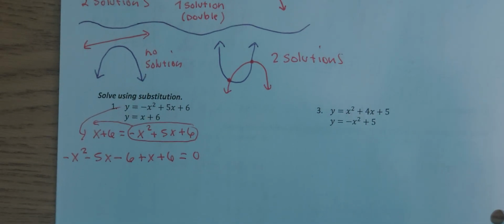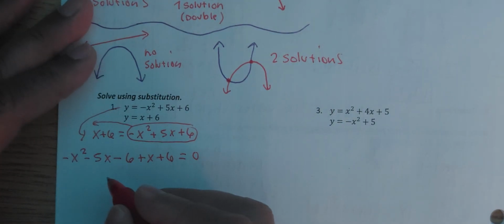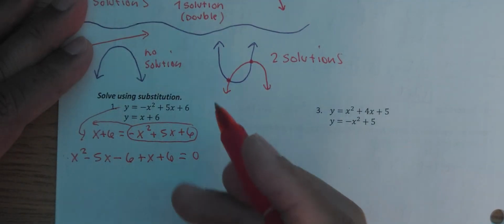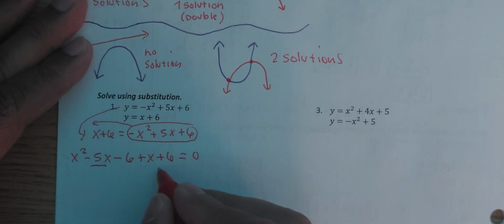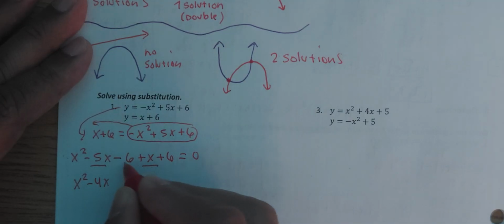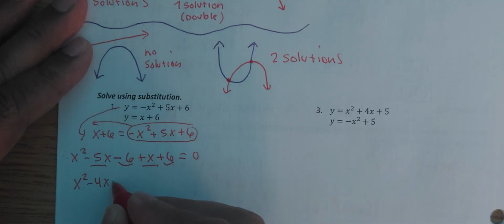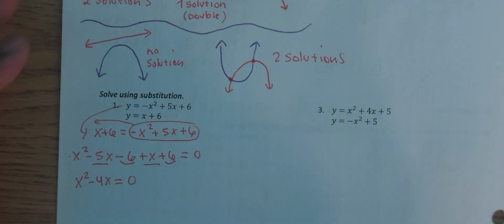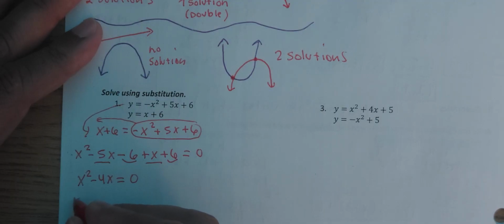Then we combine like terms. And this x should have been negative because I jumped it. It was negative, now it becomes positive. So then I have negative 5x and positive x. They combine to negative 4x, and negative 6 and positive 6 cancel out. So this is all we have left for that equation. Then there's a GCF here. The GCF is x.